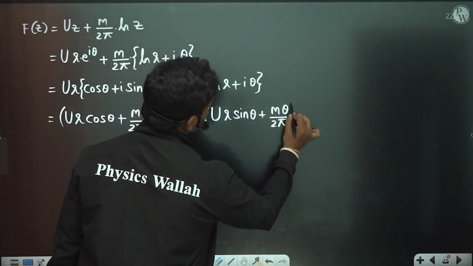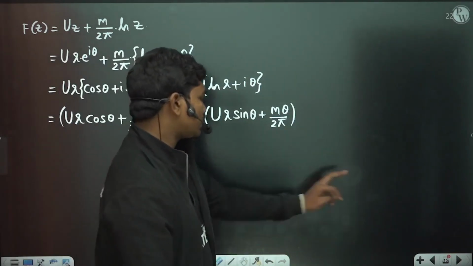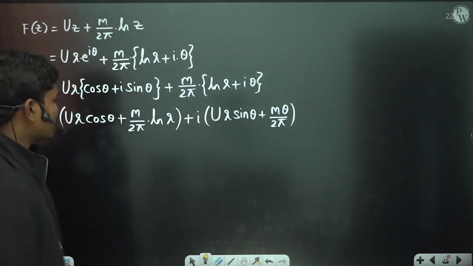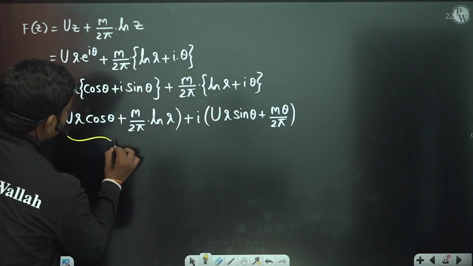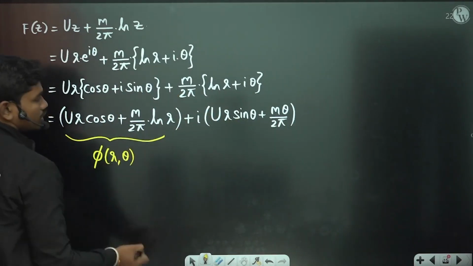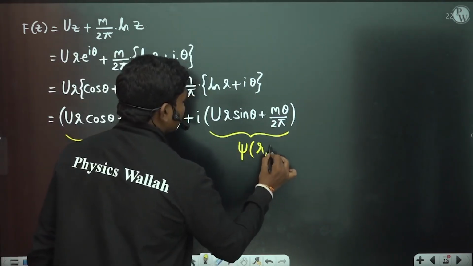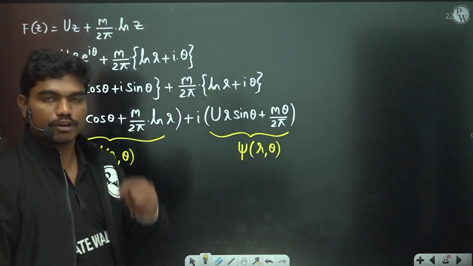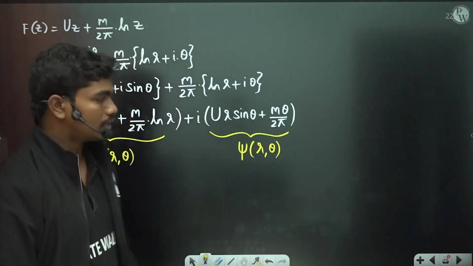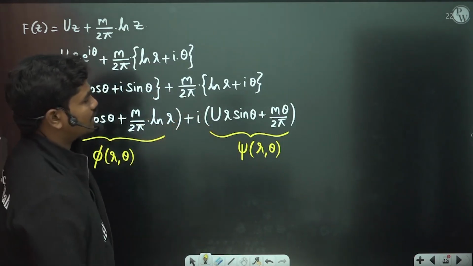Now this function got split into some real part plus i times of imaginary part. Therefore this value is phi, the velocity potential function, and this is the stream function. You have to do this analysis a little carefully, because missing of some i or missing of plus or minus signs can change the results.